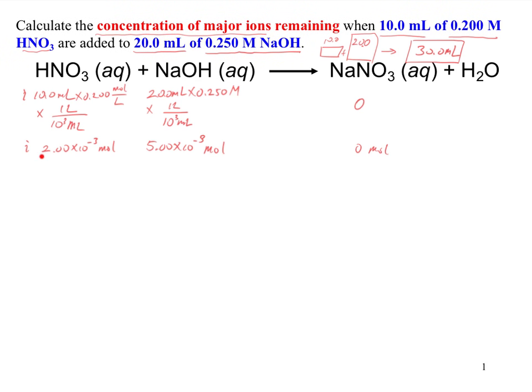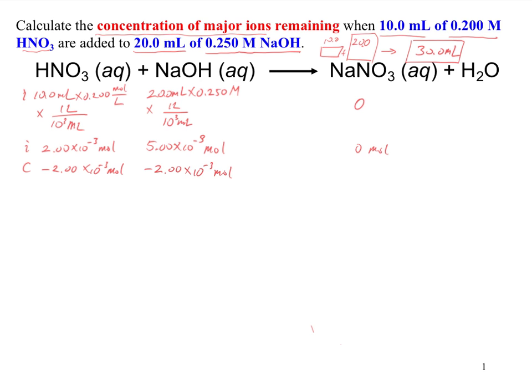So with nitric acid as the limiting reagent, the change of this limiting reagent is 2.00 times 10 to the negative 3 mole. That means all of the acid will be reacted. And how many moles of base will be consumed? Based on the ratio of nitric acid and sodium hydroxide, we know that the same mole number of the base will react.